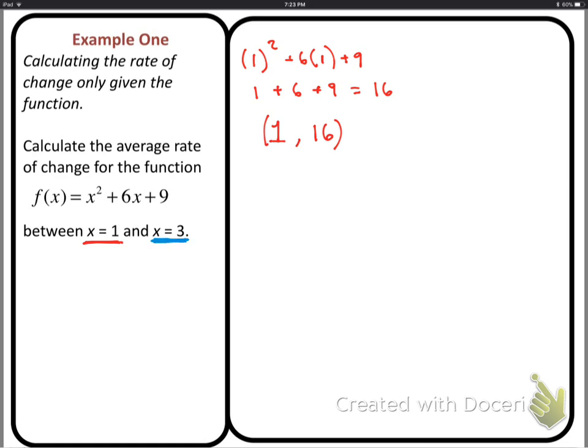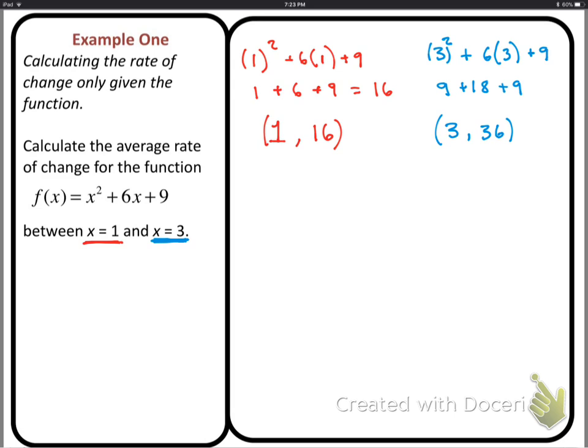Now we plug 3 in, so we have 3 squared, can't forget my parentheses, plus 6 times 3, plus 9. Simplifying that out, 3 squared is 9, plus 18, plus 9. That's 18 plus 18, that's 36. So I plugged in 3, and I got 36.